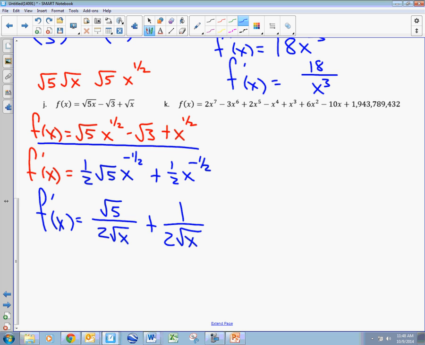Are those common denominators? They are, so let's just combine them together. Root of 5 plus 1 over 2 roots of x.